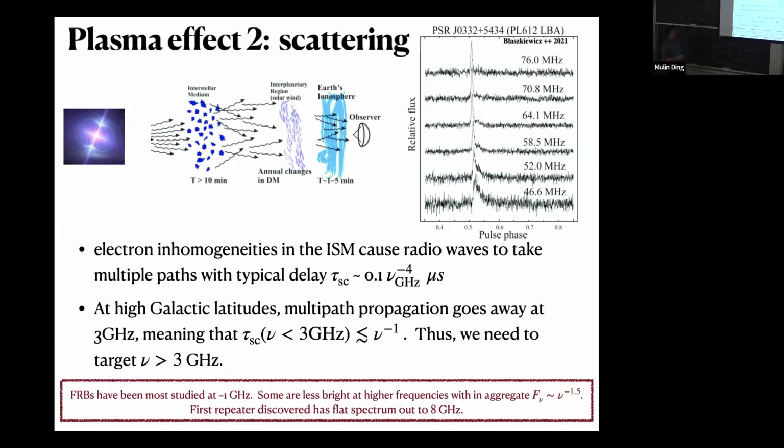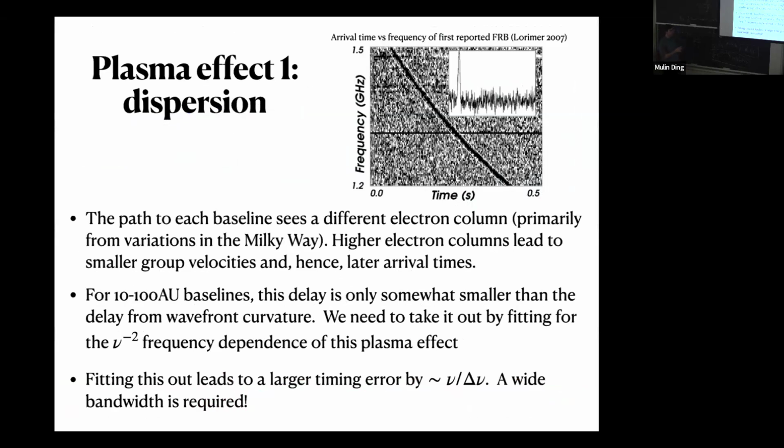Doesn't that also, the dispersion, just depend on the line integral of the number density of electrons? Yeah, so the total effect doesn't matter for the dispersion. It's only the relative effect between your two sight lines, and so the overall delay from dispersion is not an important effect. The overall delay for cosmological sources is of order a second, but that doesn't cause an error.